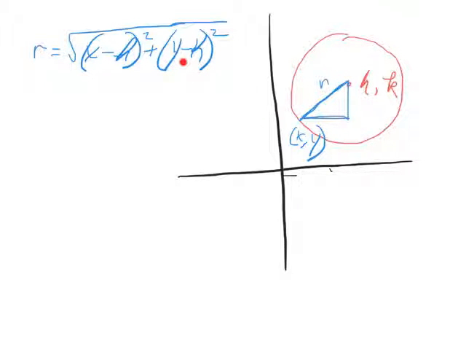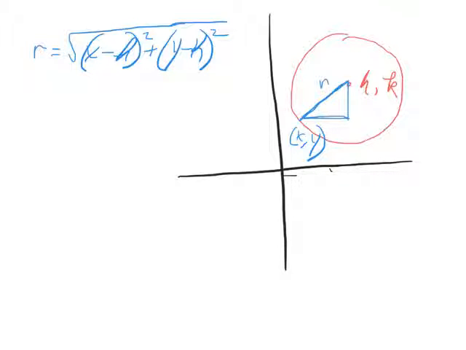Okay, so that's where this came from. This point is x, this point is h. Well, h is from here all the way here, and x is from here to here. So in order to find the distance between here and here, we have to take the difference between the two.